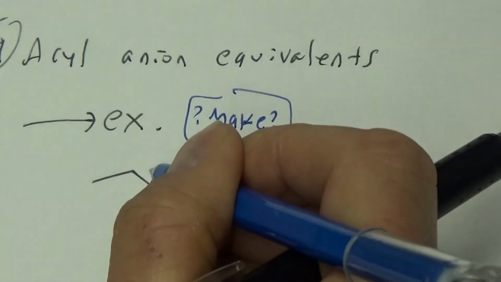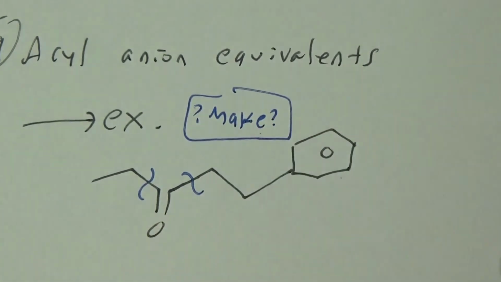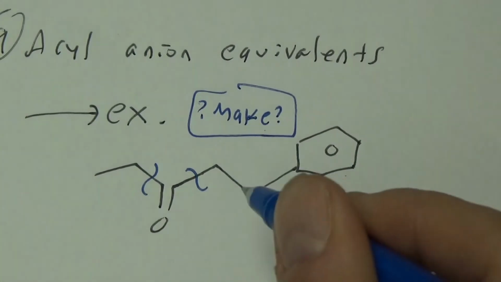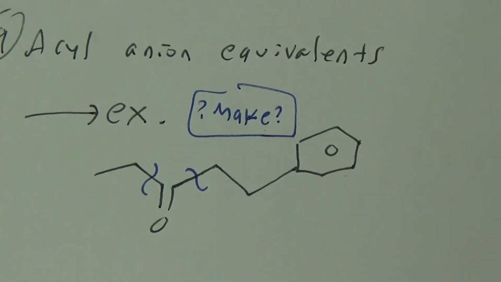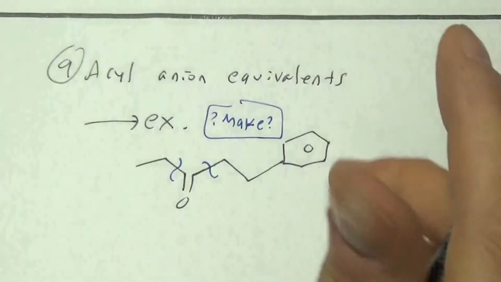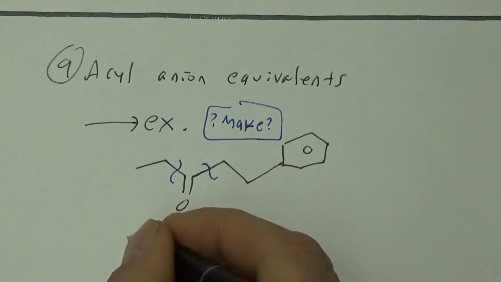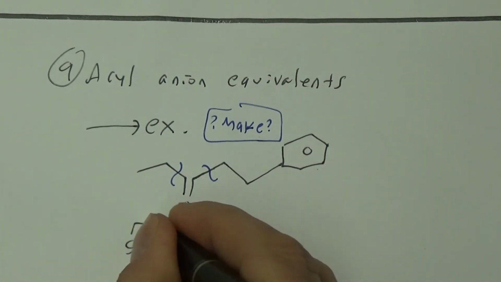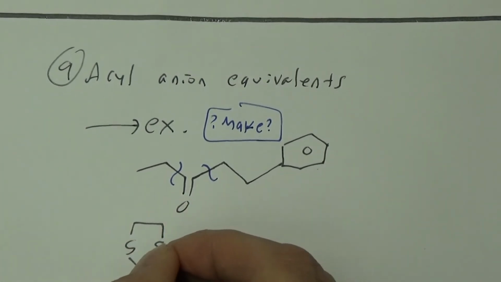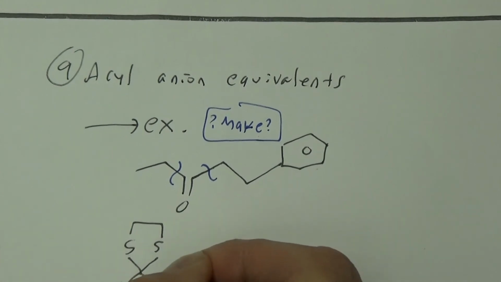And particularly, is there a way we can make this bond and that bond and just kind of magically snap on the left piece, snap on the right piece? The answer is yes. So we can actually start with this chemical, which you can actually purchase even.